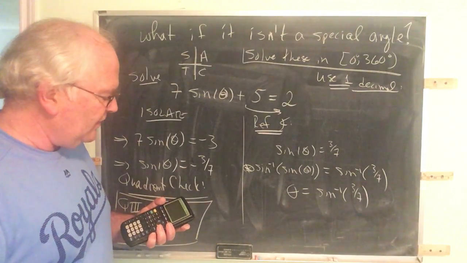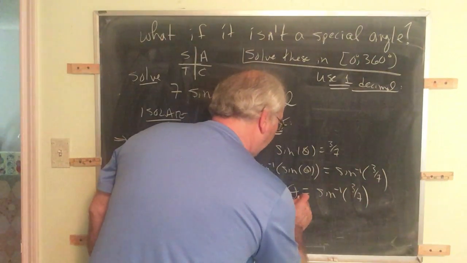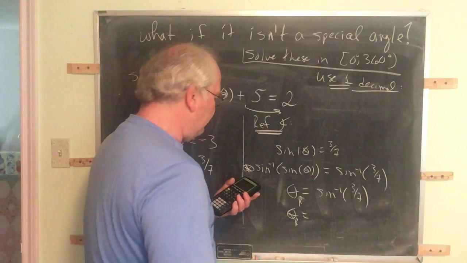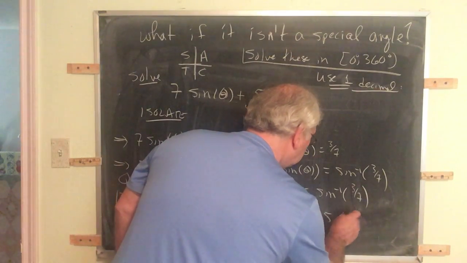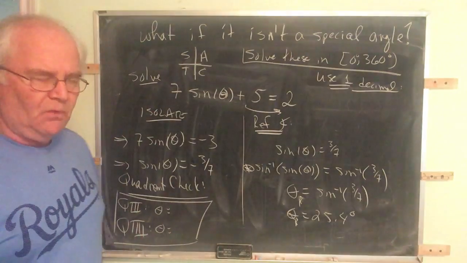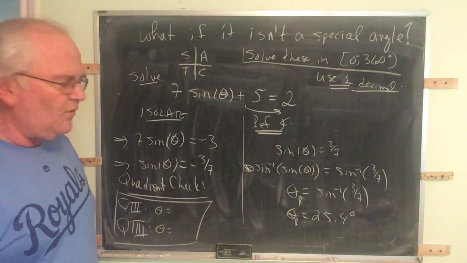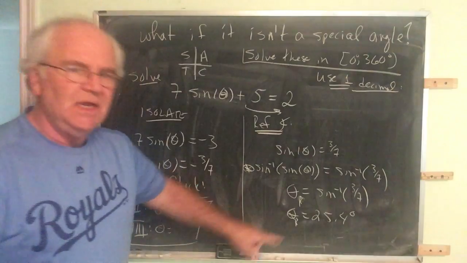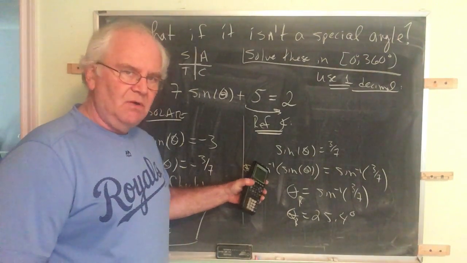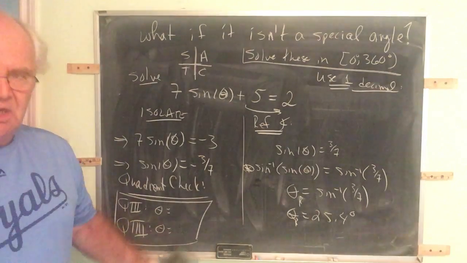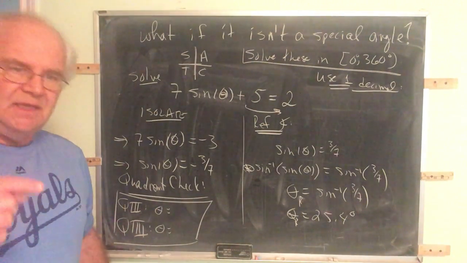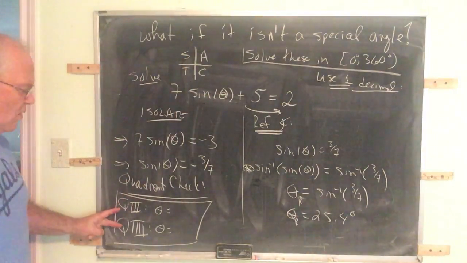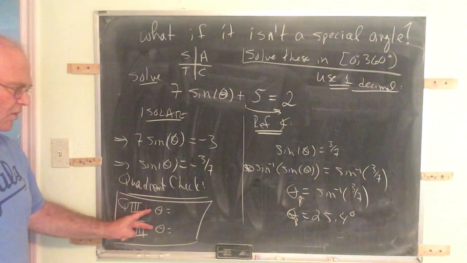I have 25.37, so theta reference is 25.4 degrees. Whatever the calculator gives you is not theta, it is theta reference. When you use sine inverse, cosine inverse, or tangent inverse, the calculator gives you the reference angle, not the angle itself. You need to take the reference angle and place it in the appropriate quadrants to find the values of theta that we're looking for.